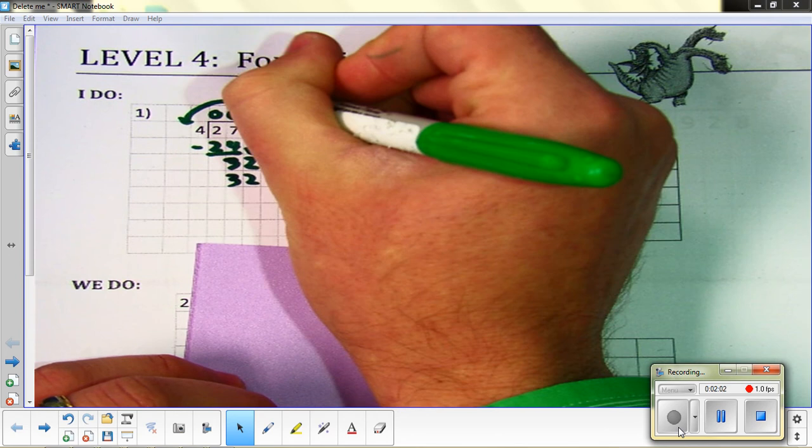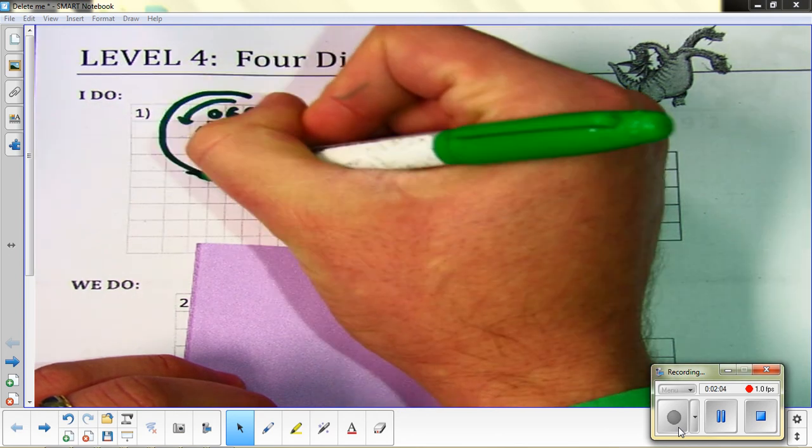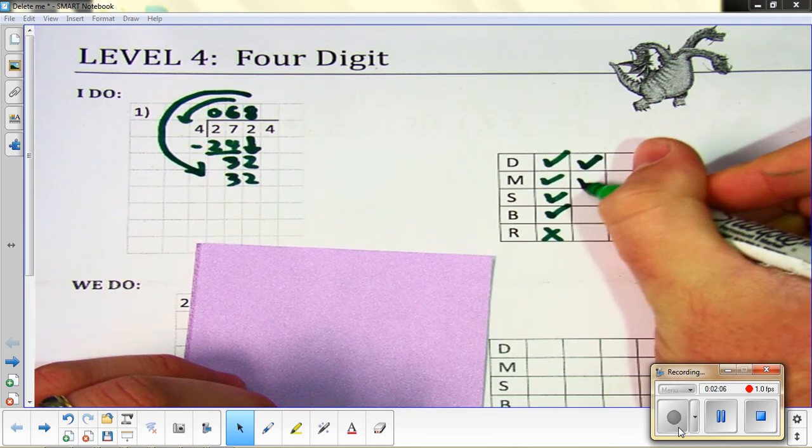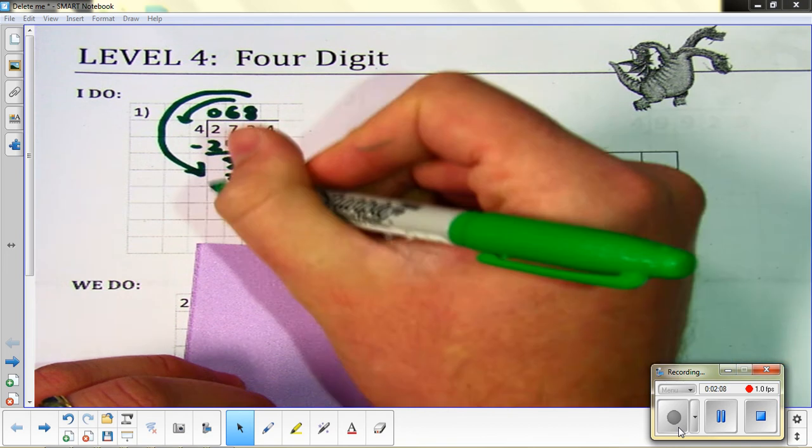I did my multiplication at the same time. I do my subtraction.